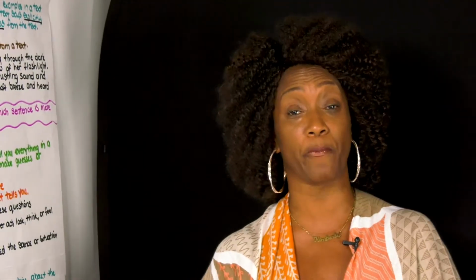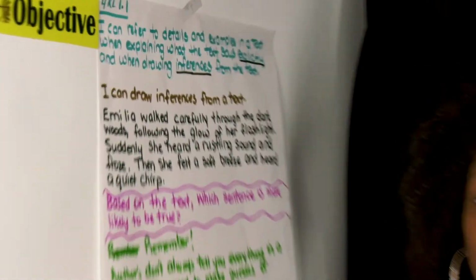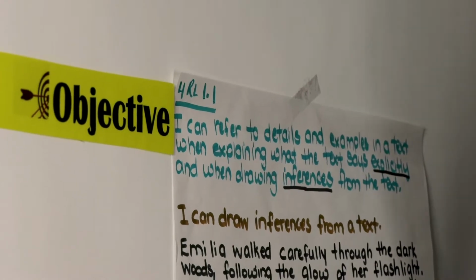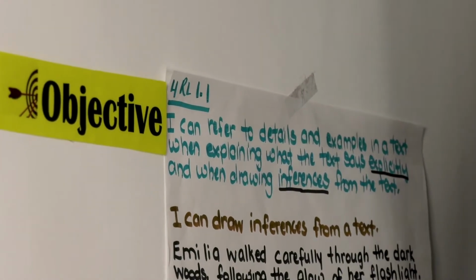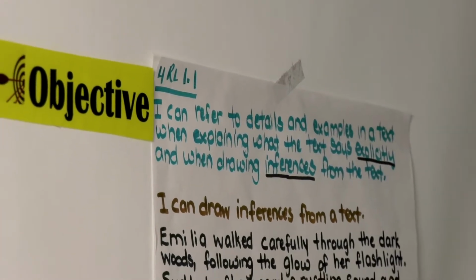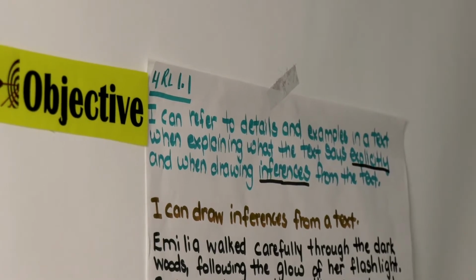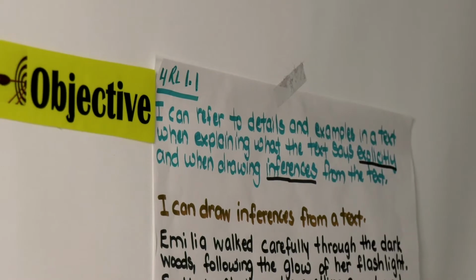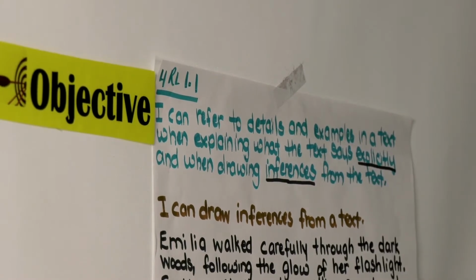Today we're going to change up. We're going to work on a different standard today. Over the past few weeks, we have been working on RI, Reading Informational. Today we're starting our new one, RL, Reading Literary Standard 1.1. So this is the standard here. I can refer to details and examples in a text when explaining what the text says explicitly and when drawing inferences from the text.